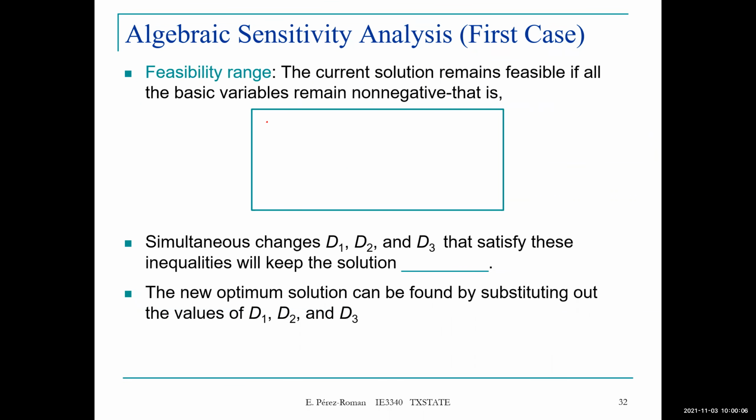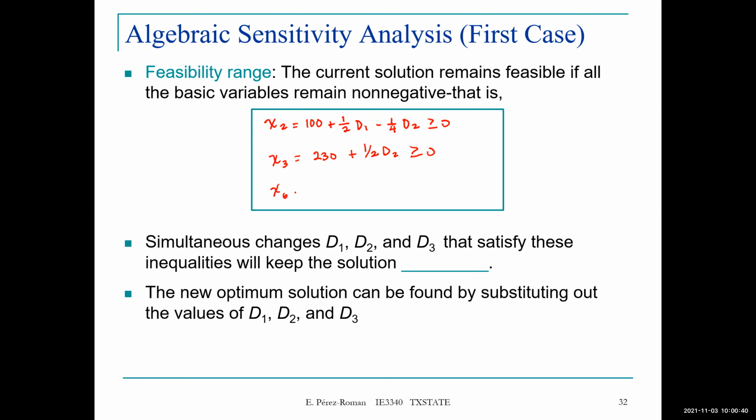So in order for them to remain feasible, I need to make sure that this expression is greater or equal to 0. x3 equals 230 plus 1/2 d2 is greater or equal to 0.